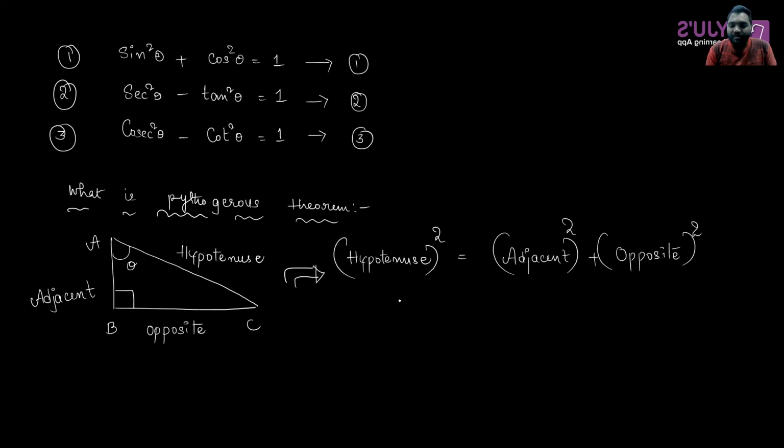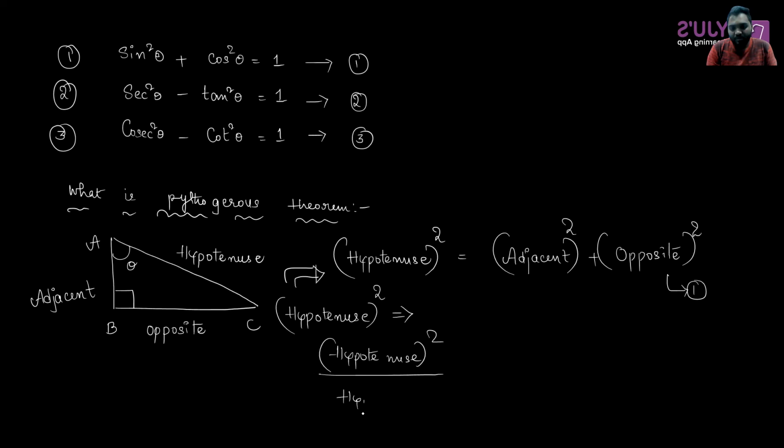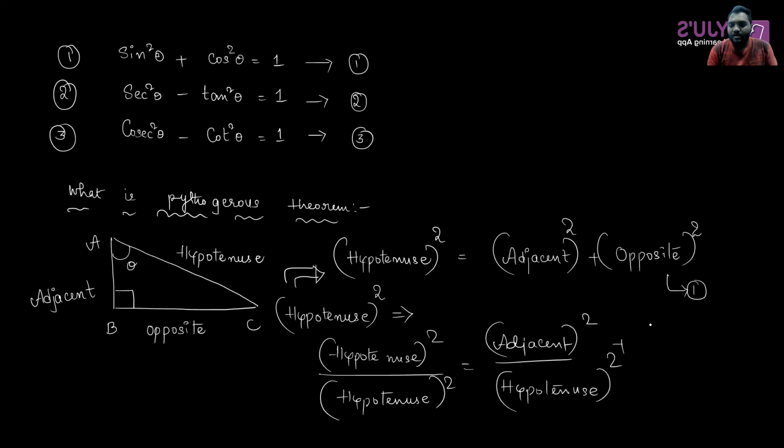When I divide the entire equation 1 by the side hypotenuse square, what do we get? Hypotenuse square divided by hypotenuse square equals adjacent square divided by hypotenuse square plus opposite square divided by hypotenuse square.